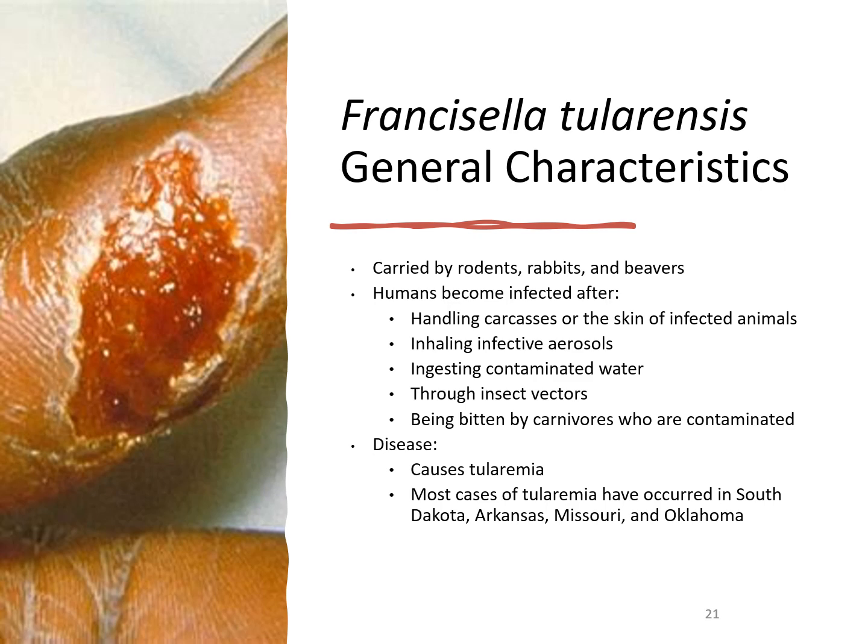Or through insect vectors, so there are different insects that can carry this, so getting a bite from that insect, and being bitten by one of these animals that are contaminated with this organism. And so it does cause tularemia, and the most cases of tularemia happen within South Dakota, Arkansas, Missouri, and Oklahoma.